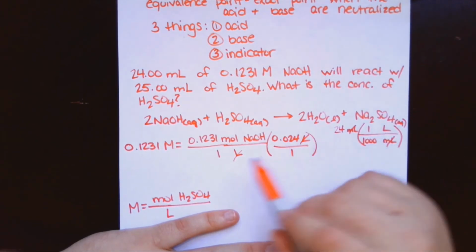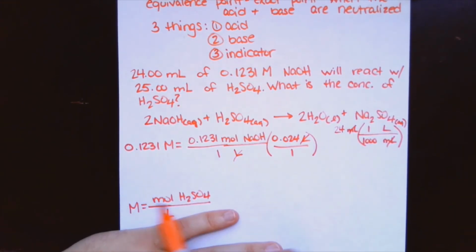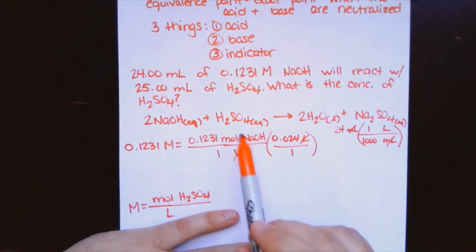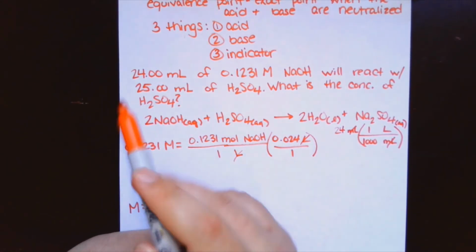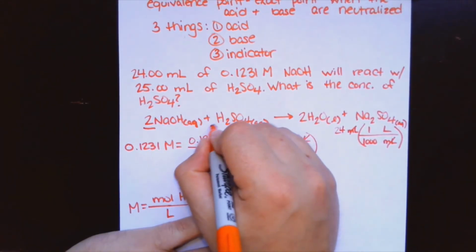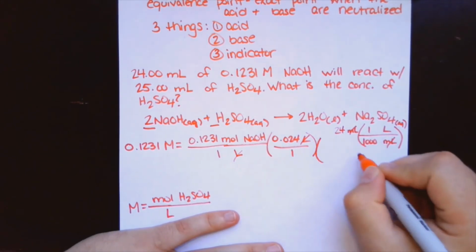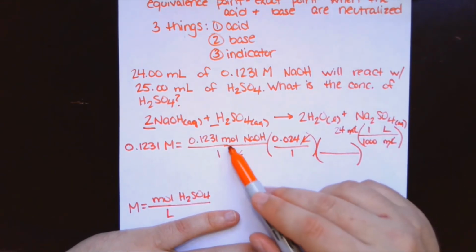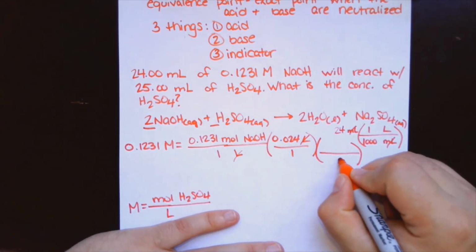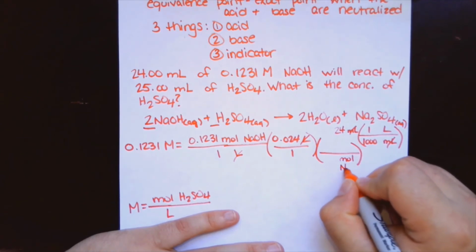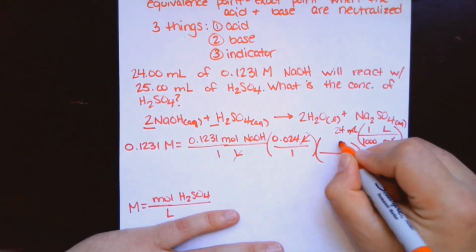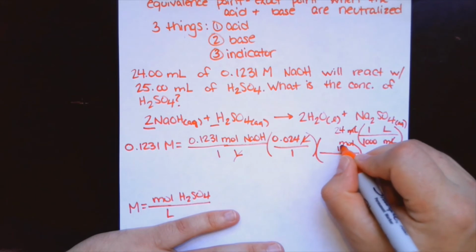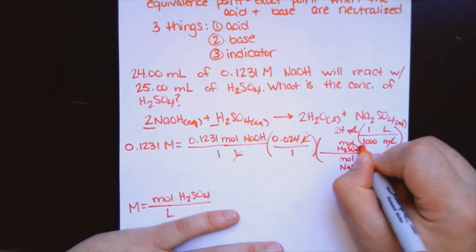So now we can do a mole-to-mole ratio between sodium hydroxide and sulfuric acid. And this is why you need the balanced reaction, because we get that from the coefficients in the balanced reaction, 2 and 1. Sorry, this is a little messy, but hopefully you are following. So now we're in moles of sodium hydroxide. We need to cancel that out, so that has to go in the denominator. So moles of H2SO4 goes up top.